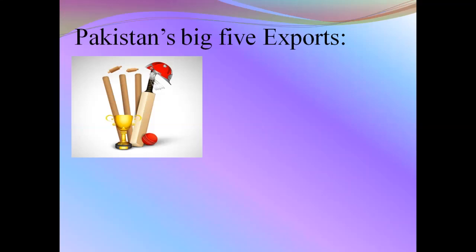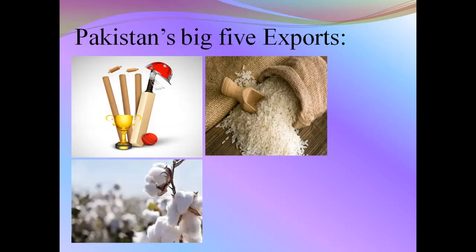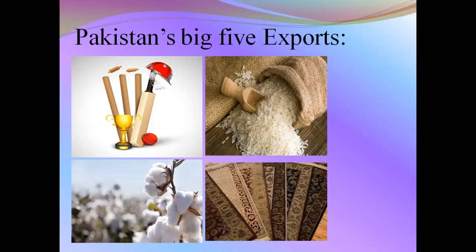Pakistan is exporting sports equipment to other countries, which is very famous there. Pakistan is also exporting rice. Cotton is one of the agricultural products that Pakistan is exporting. And the carpets as well.